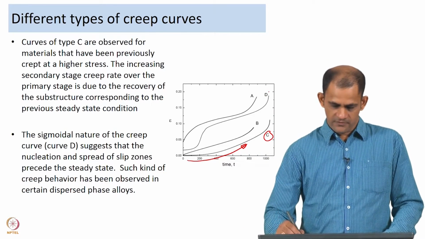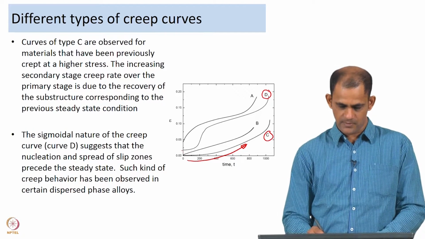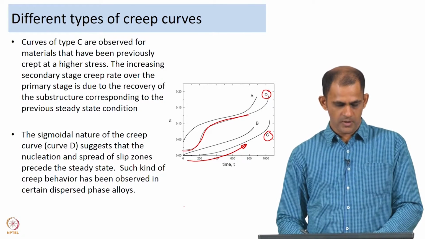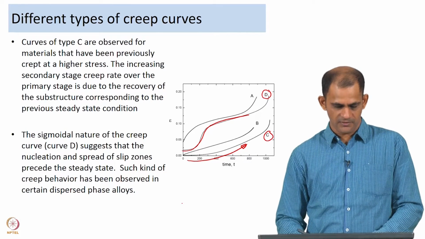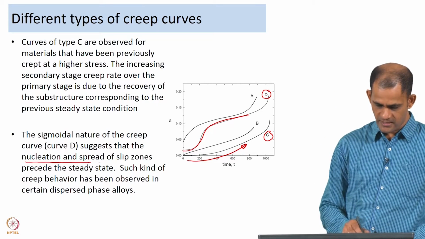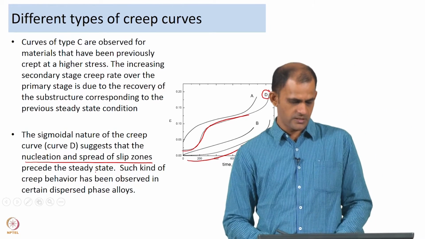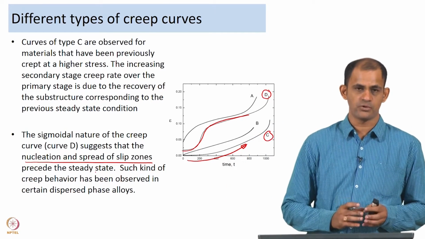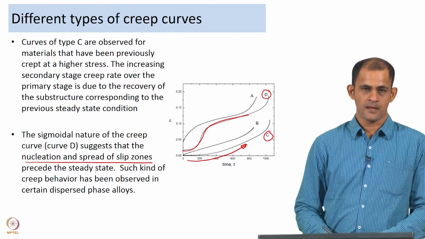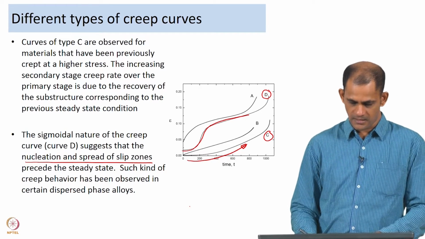And finally, curve D, the sigmoidal type of creep curve. This type of creep curve is observed when the deformation involves nucleation and spread of slip zones preceding the steady state. So, there are certain slip zones that are nucleated and these slip zones tend to spread out, and when that precedes the steady state, then you see this kind of creep curve.